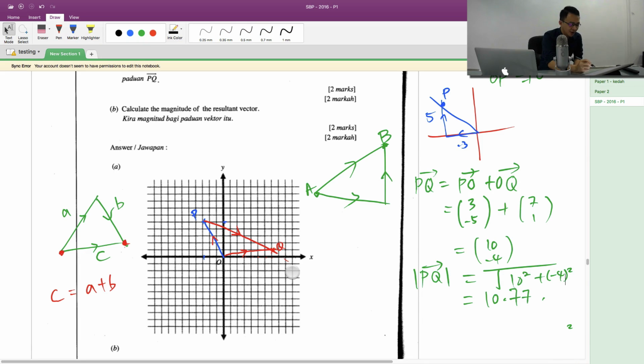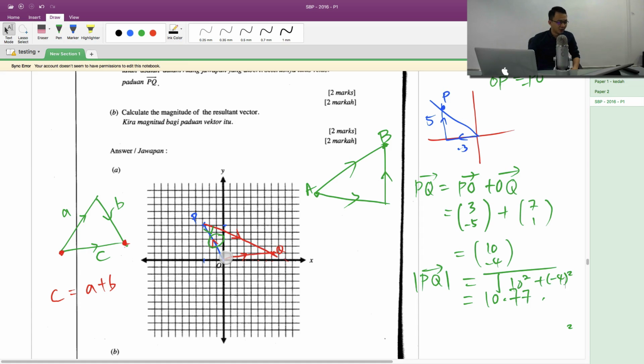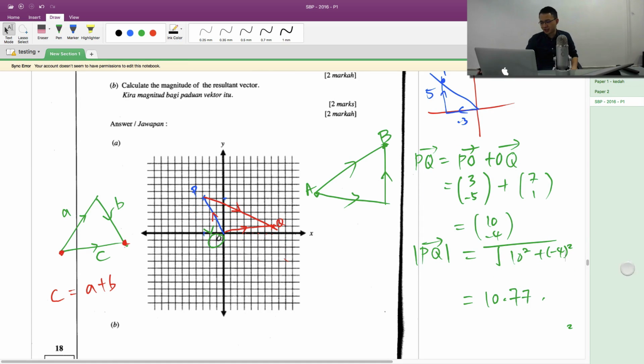If PQ is the resultant vector, I have to change the arrow the other way around, going down. But if I change OP to PO, the starting arrow they asked me to draw would be wrong. So it's a bit tricky for this part.